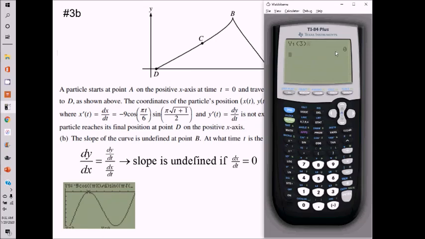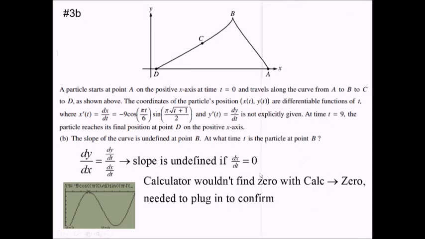Oh, I do get 0. So this is just a weirdness with the calculator. For whatever reason, our calculator is not going to find the 0 with calc zero. So we just figure out that it's 3, plug it in to confirm. So then we can say dx over dt equals 0 at time 3. Therefore, this is the time at which we are at point B.